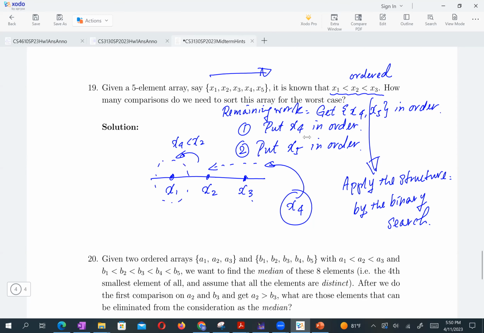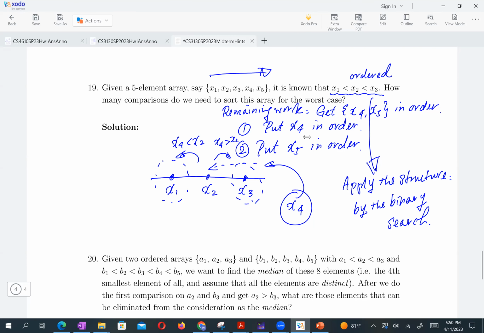If greater than x2, look at this side. So you can get x4 in place in this way.